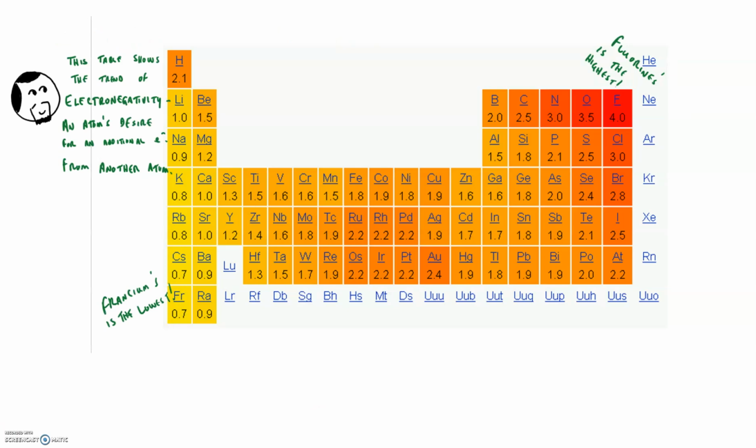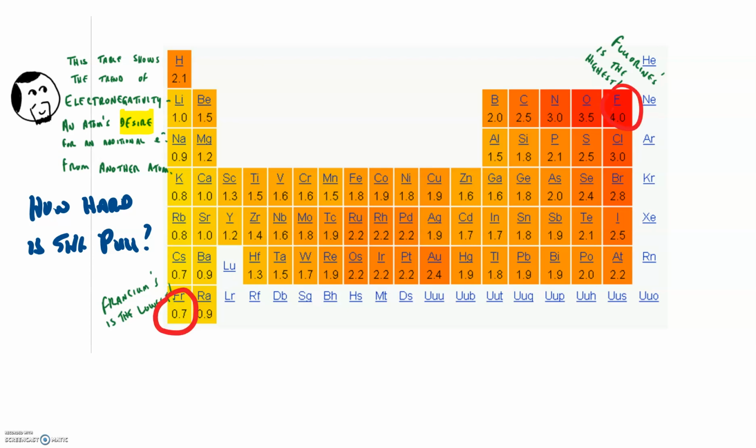Let's say that electronegativity is an atom's desire for an electron. Another way to say it is, how hard is the pull? How badly does that atom want that electron? And so it's a numerical value going from 0 to 4. Fluorine's is the highest.